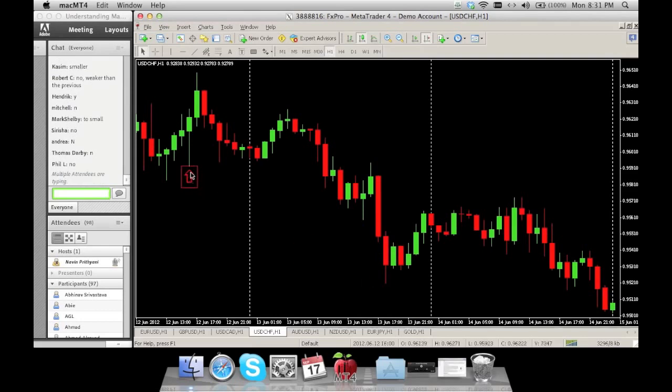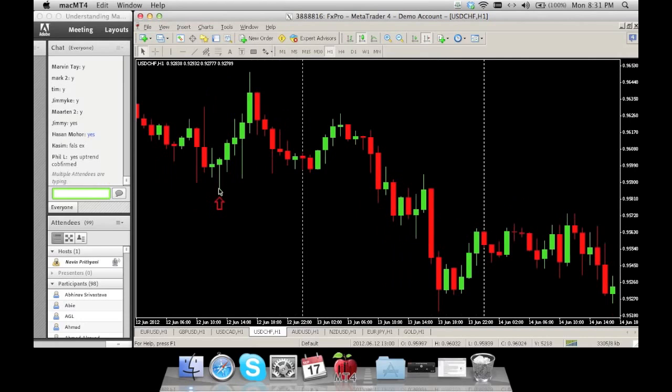Trend continuation pattern here. Yes, it's an upside down exhaustion, bigger than the previous candle, and it's also in a trend. Next candle opens, goes long. Okay? What kind of pattern is this one? Good, very good.